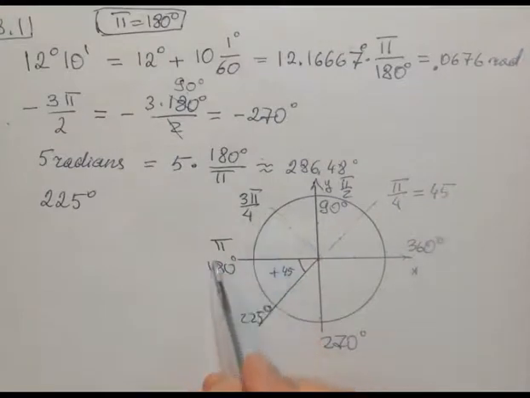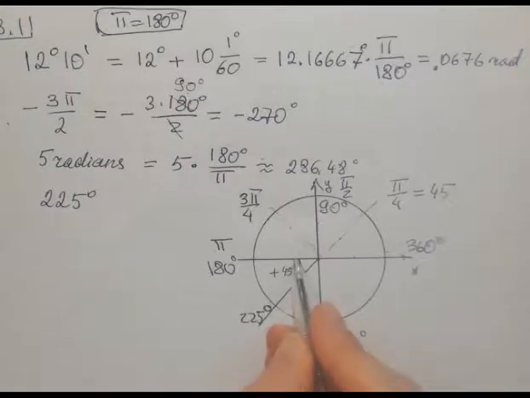Then 4 pi over 4, or pi, is 180 degrees. The next quarter after pi: 4 pi over 4 plus pi over 4 will be 5 pi over 4.